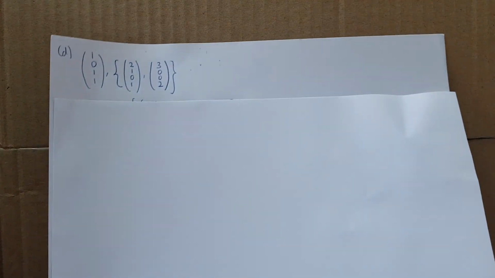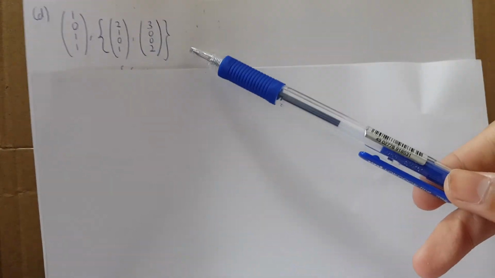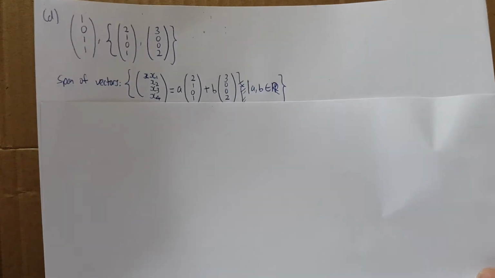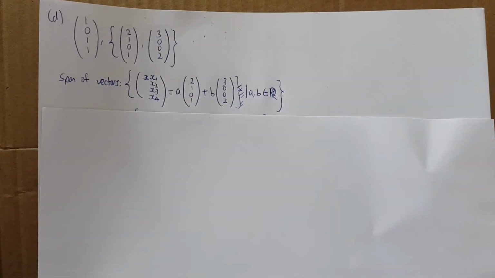Now, let's take a look at the last example, which is this. This is our span of vectors given.